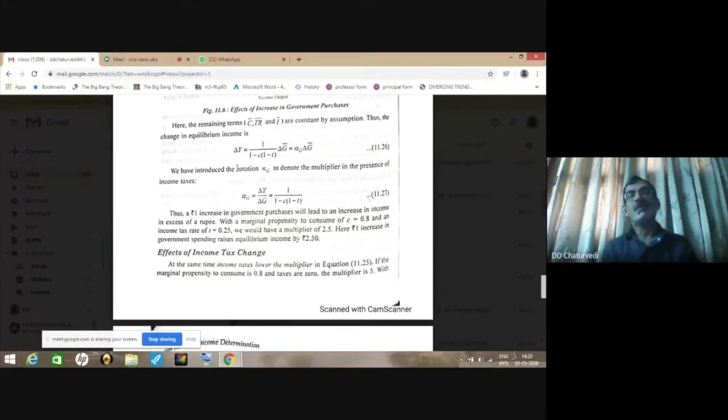Now the same multiplier in the absence of government expenditure, and hence in the absence of taxes, would have been simply 1 upon 1 minus c, that is 5. So we find that the multiplier value gets reduced, or we can say the increase in output or income on account of the presence of the government is reduced.